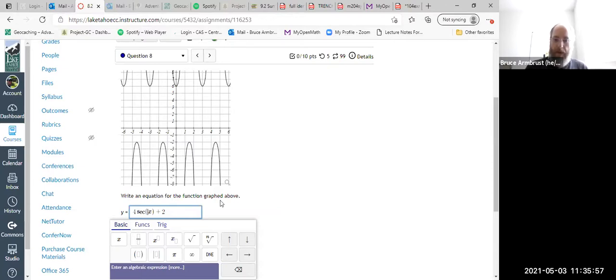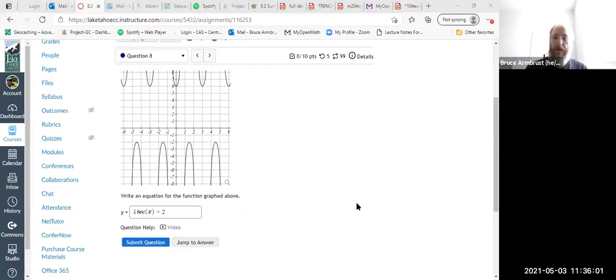All right, so let me actually just share my whiteboard real fast because I want to write something down here. So when we did this before, for the cosines and sine, remember we had cosine of bx plus c plus d. This b was related to the period.